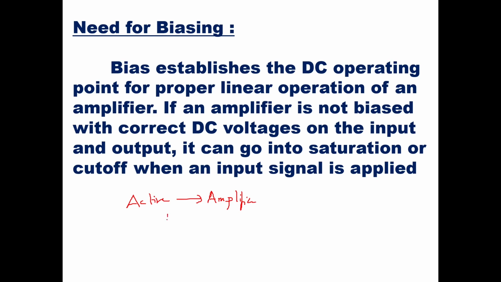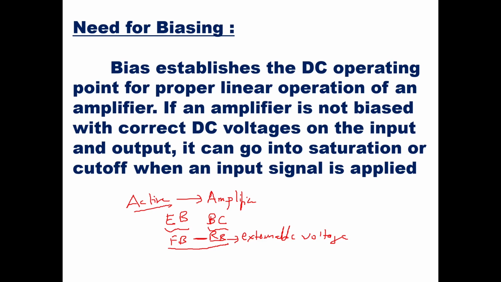Then my first junction between emitter and base should be forward biased, and my second junction between base and collector should be reverse biased. If I maintain this, it is called active mode, and this forward bias and reverse bias is done by external DC voltage. Now, need for biasing.